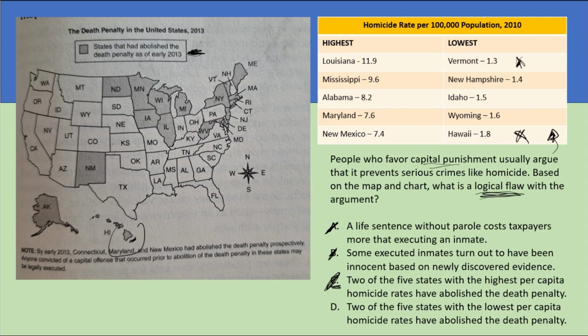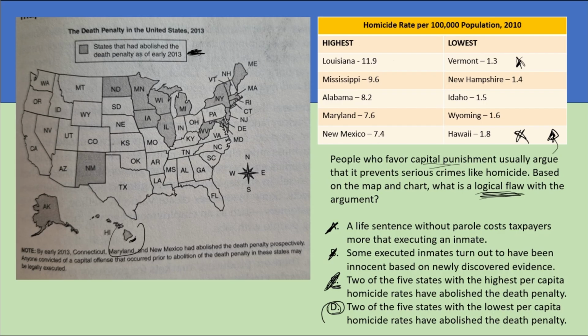So we can use that as saying, hey, your argument that you need to have the death penalty if you want to not have homicide is incorrect, because states that don't have the death penalty have the lowest rates of homicide. So because it is a flaw, we can prove it. It is our last answer choice, but once again, you can prove it. D is going to be our answer.